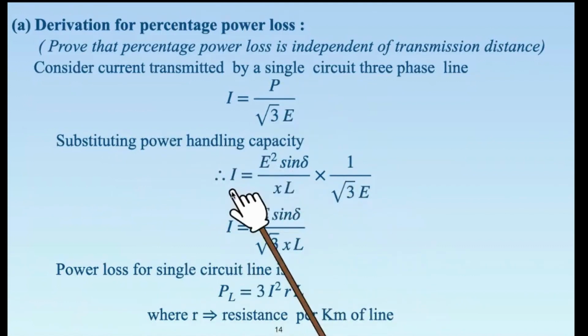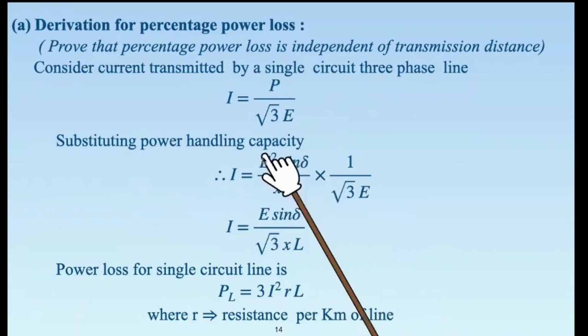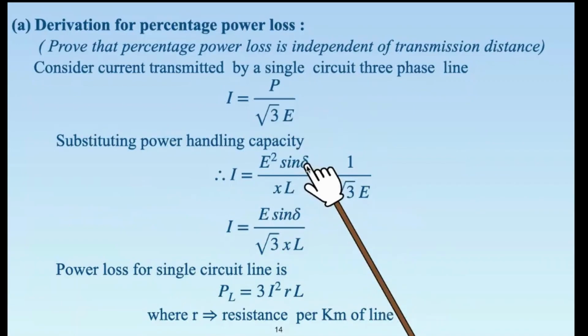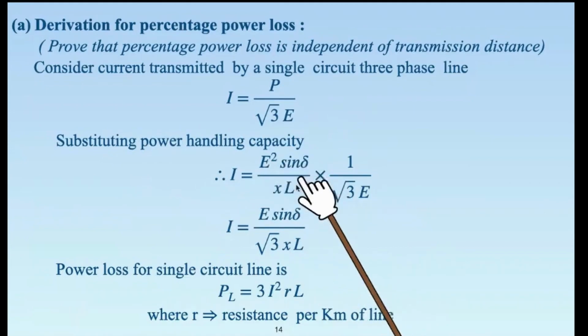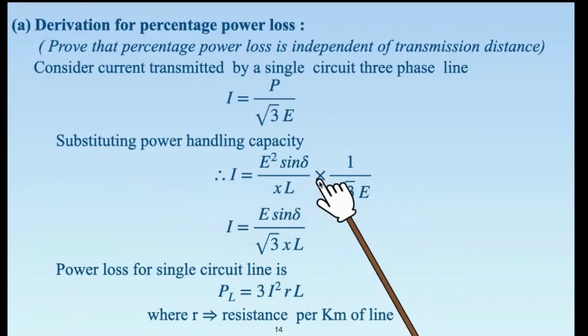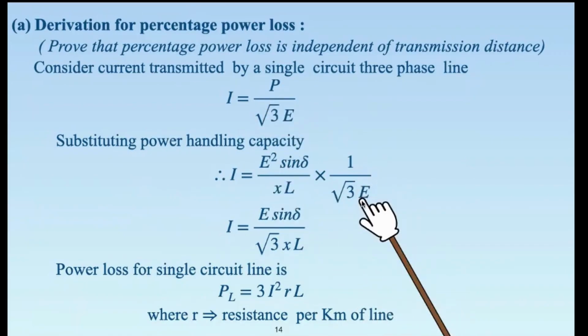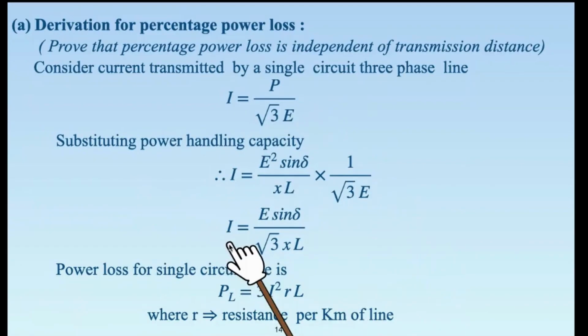So I is equal to E square sine delta by XL, where I am substituting delta as 30 degrees just to keep this equation general, multiplied by 1 by √3, the denominator. With a bit of simplification, we can express current as E sine delta upon √3 XL.